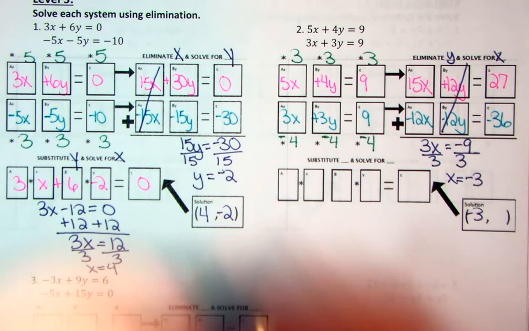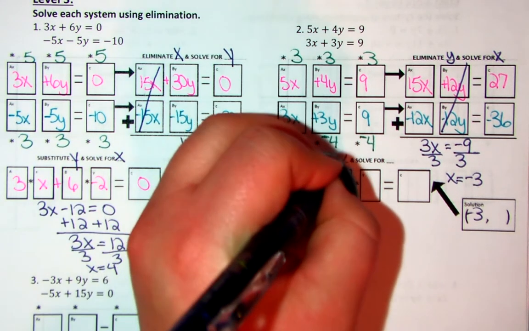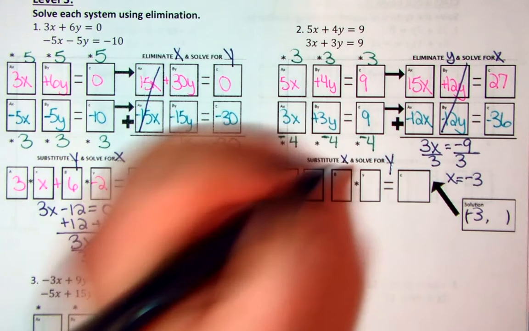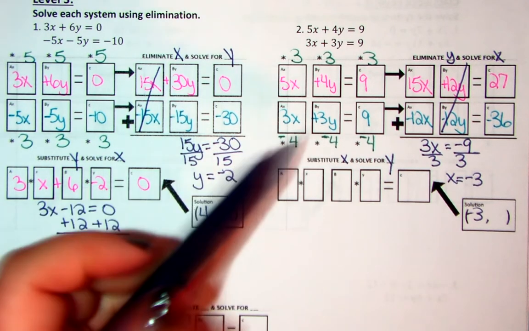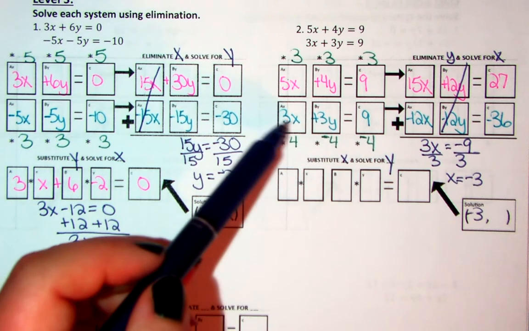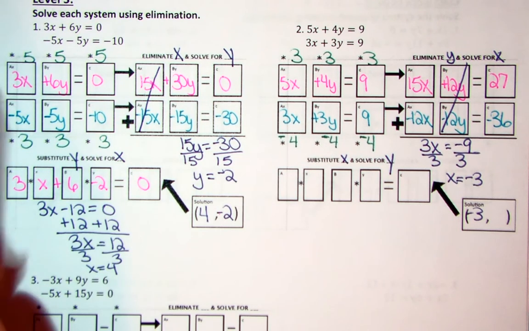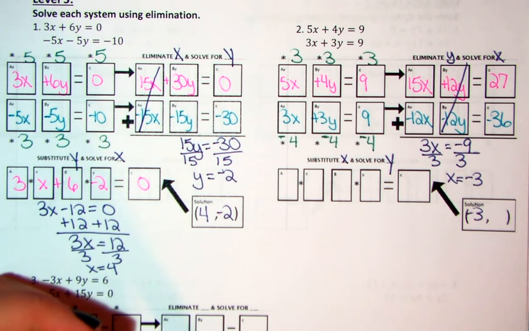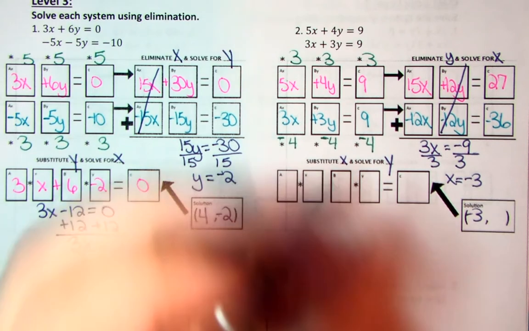We will now be substituting our x value so that we can solve for y. And we need to pick which equation we're going to do this with. So I'll pick this bottom equation this time because last time I chose the top one. There's really no other rhyme or reason.